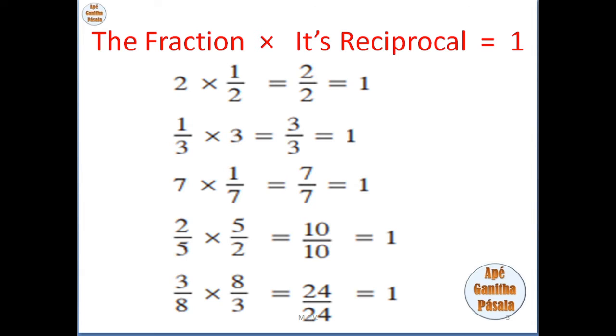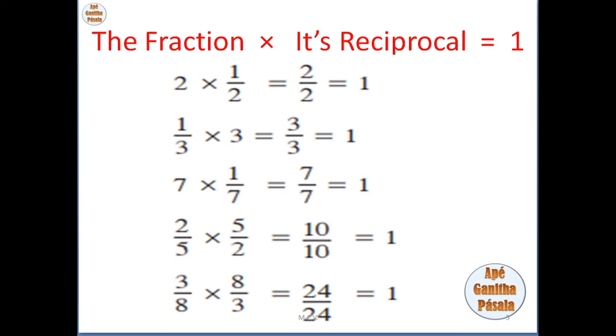When we multiply 2 by its reciprocal, half, then you will get 2 multiplied by 1, 2, and divided by 2. 2 divided by 2 is 1. Reciprocal of 1/3 is 3. Then 1 multiplied by 3, 3. 3 divided by 3 means 1.